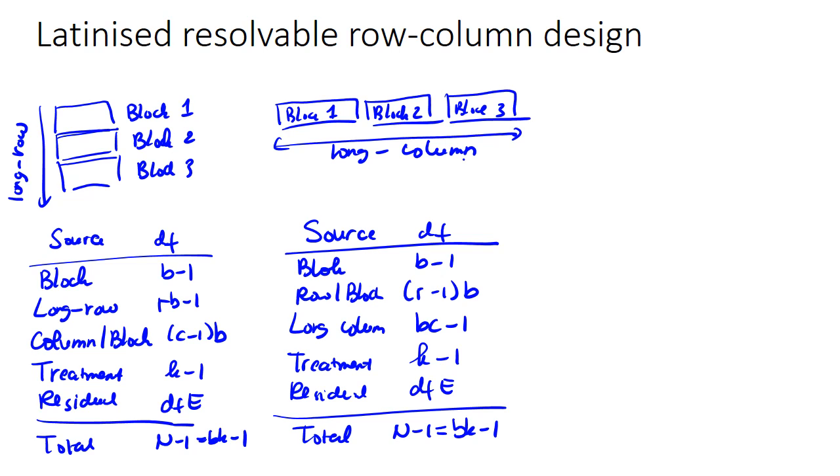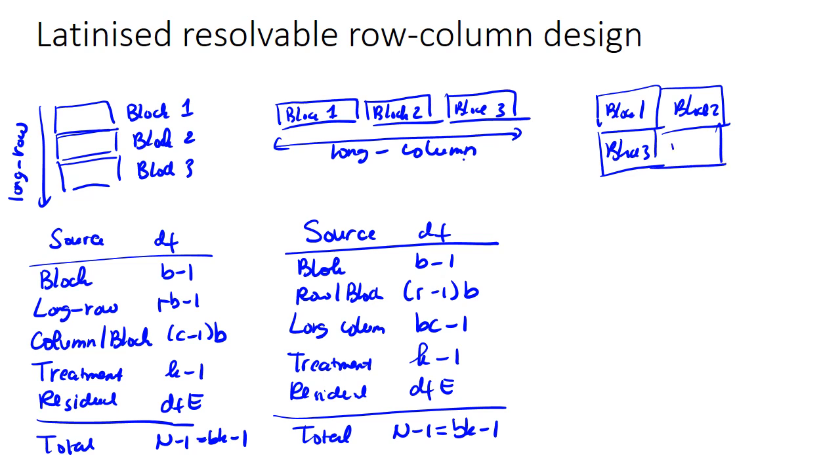If the blocks are laid out along rows and columns, we can do row and column Latinization. The treatments are optimized across the long rows and the long columns. The skeleton ANOVA.